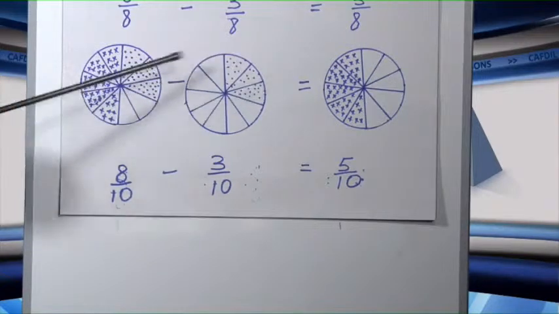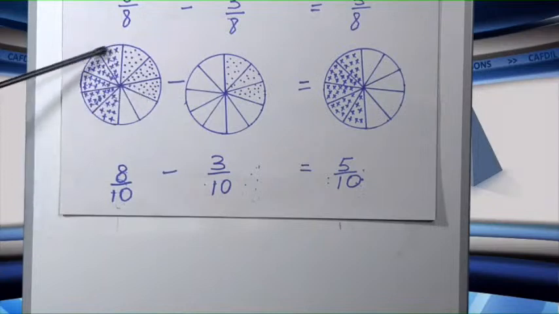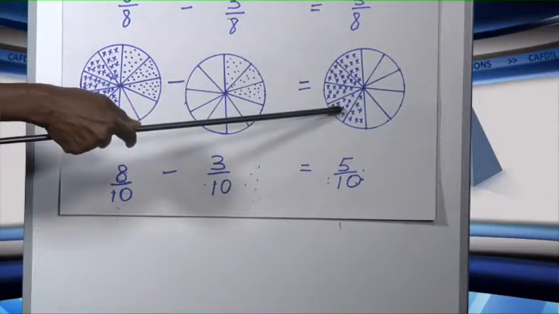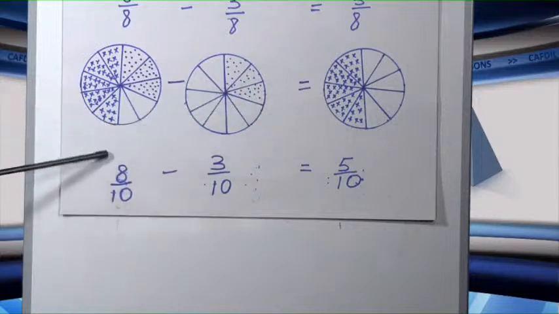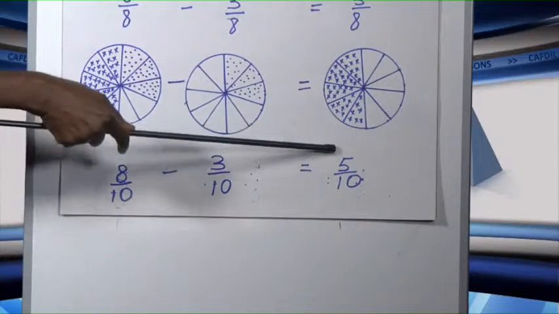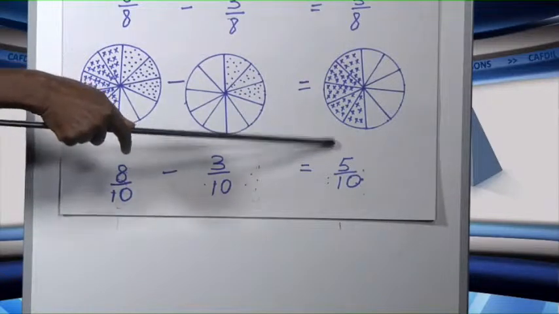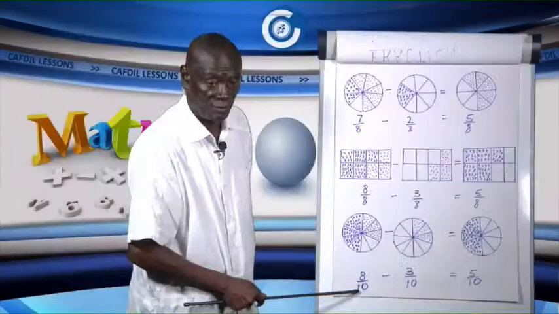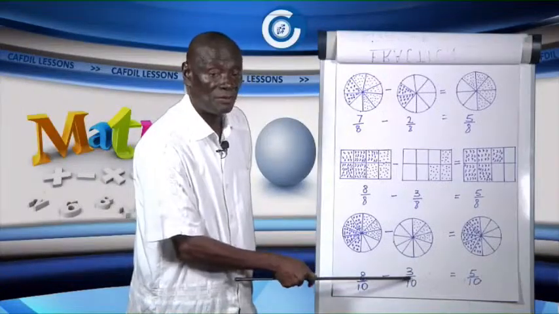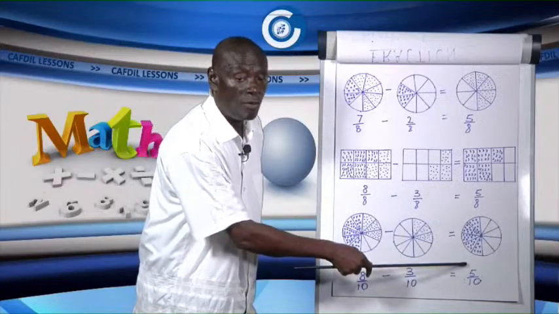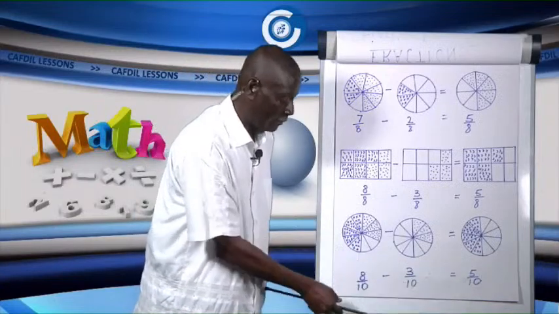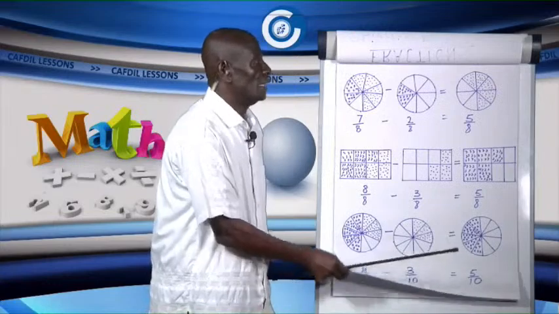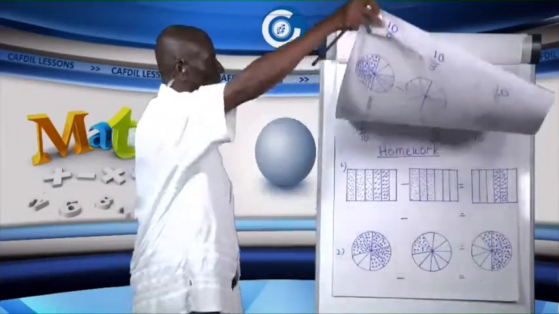If you take them out, you'll be left with this. So 8 minus 3, 5. And so 8/10 minus 3/10 is equal to 5/10. Very good. Let's continue.